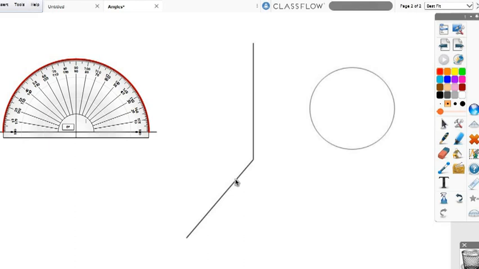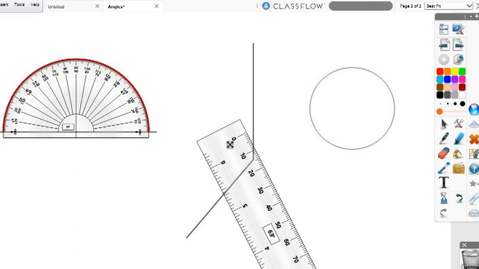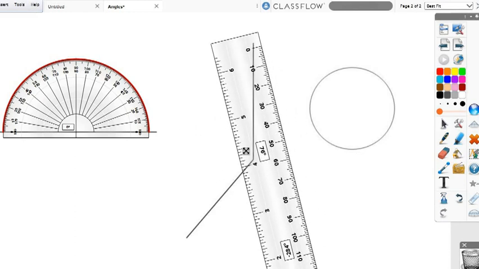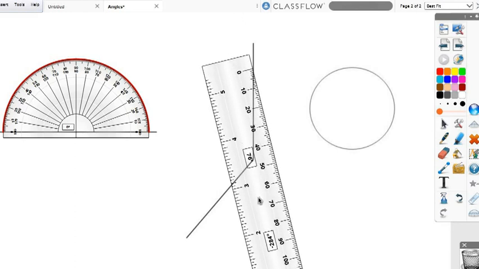But since it is greater than 180, and our protractor is 180, when we want to measure an angle that is greater than 180, we can use our ruler to make sure that we obtain a vertical line first.